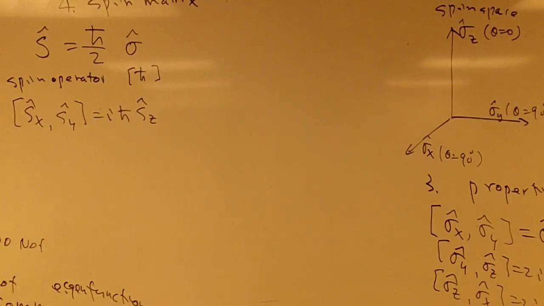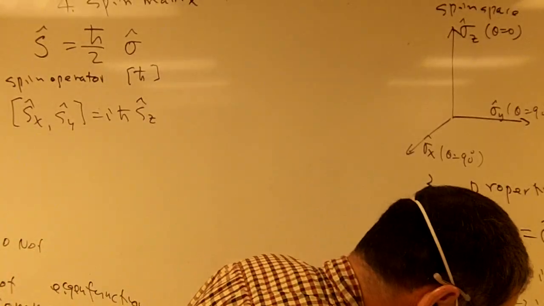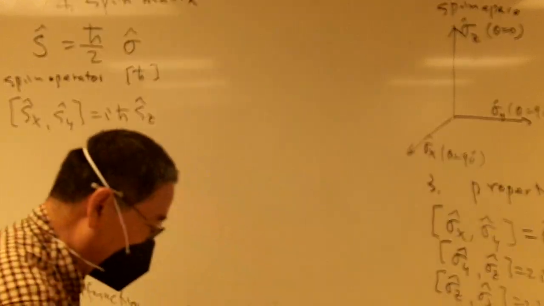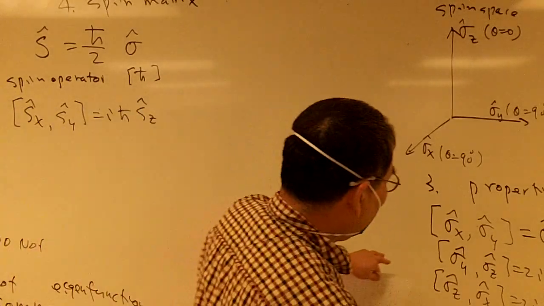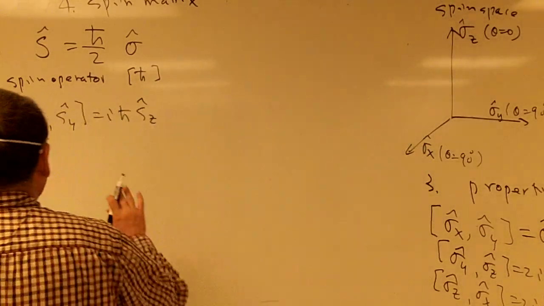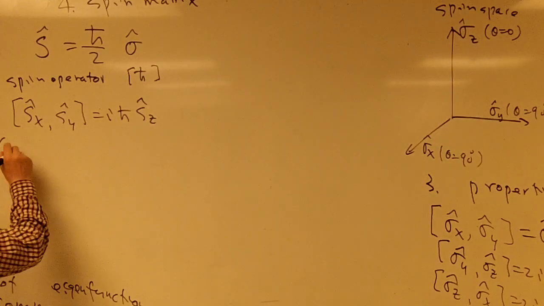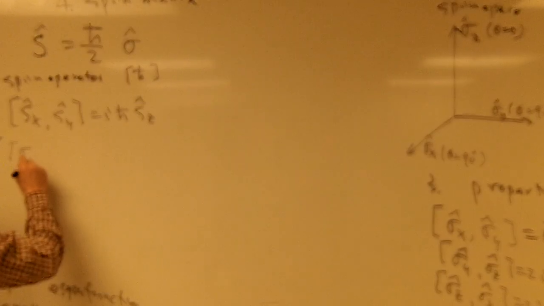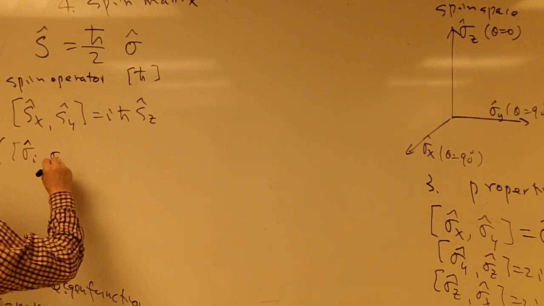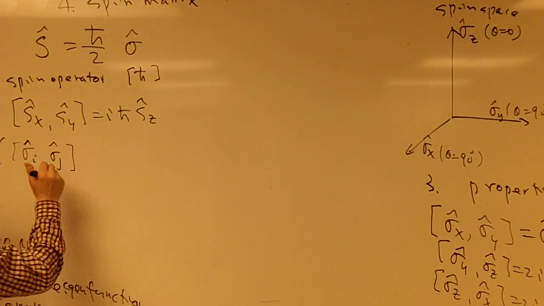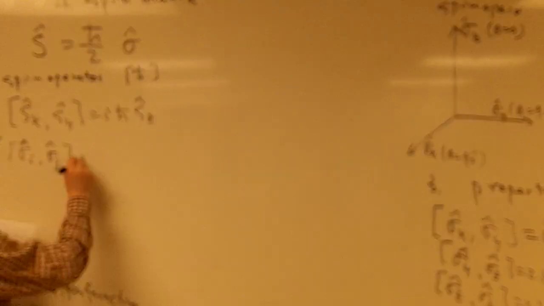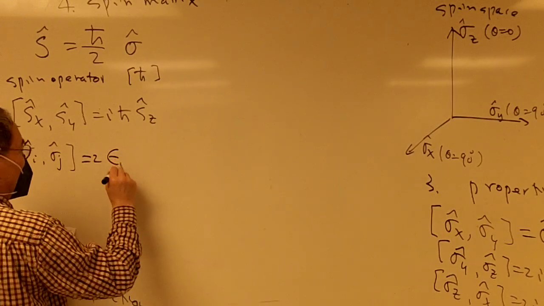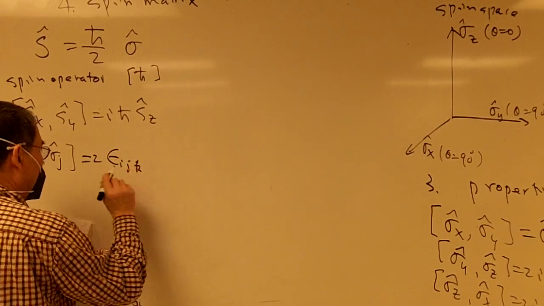And this is going to be the commutation relation which is used. Let's go back to the Pauli matrix. The commutation relation, some books write in the following way. They use the i, j indexes like these, and then this will be twice, and they introduced a constant.